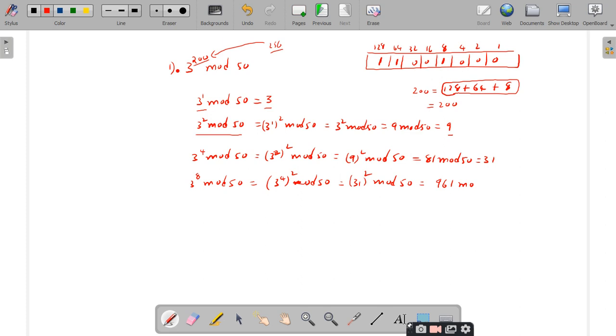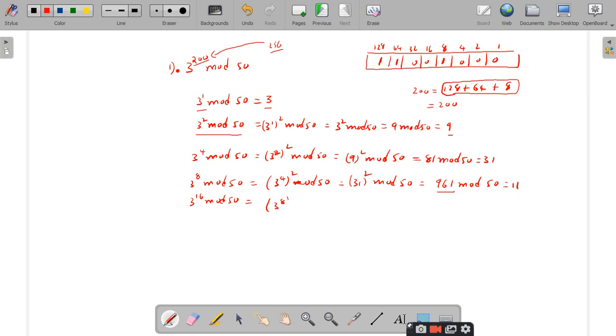It is 961 mod 50. So what is 961 mod 50? 961 mod 50 means 50 goes to 950 exactly, so the remainder is 11. Now I have to calculate 3 power 16 mod 50.